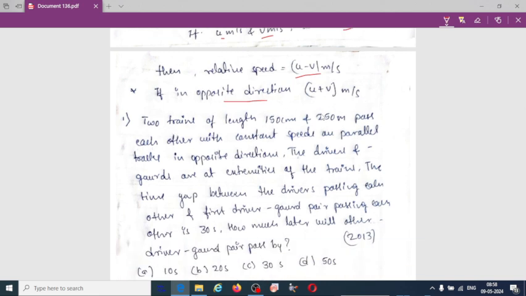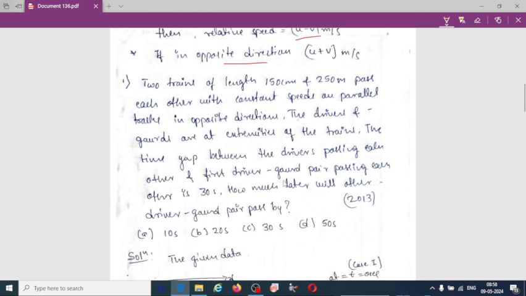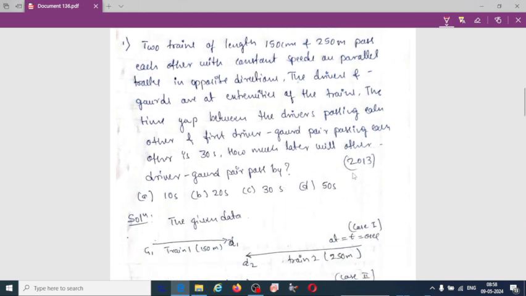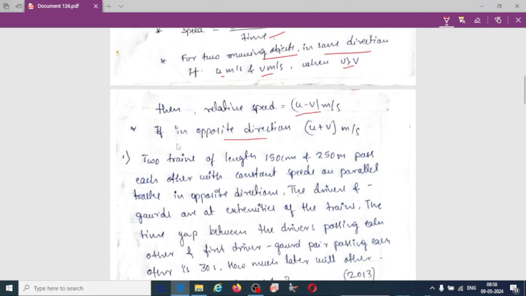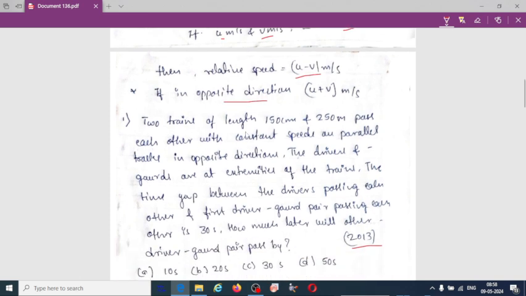Let us take some previous year questions of CSIR NET. This is the 2013 question. Two trains of length 150 meter and 250 meter pass each other with constant speeds on parallel tracks in opposite directions.